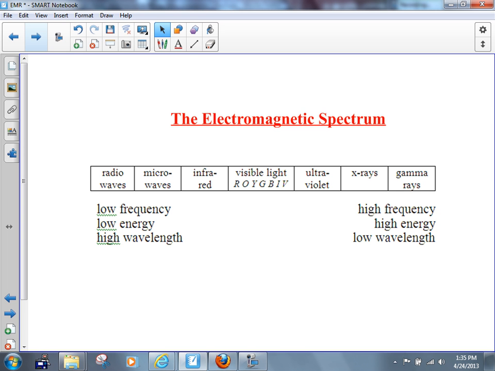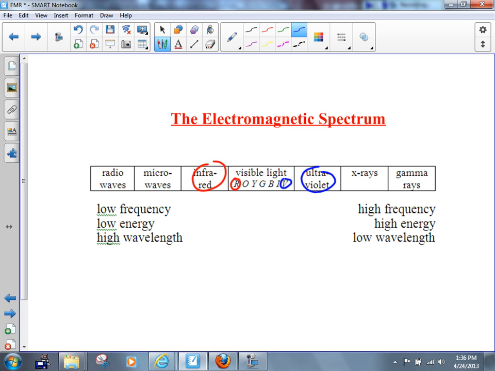What's going to be below red? Infrared. Infra means below. So infrared means below red. What's going to be above violet? Well, ultra means above. So ultraviolet is going to be above violet. That tells us right away the 3 middle types of EMR: infrared, visible light, ultraviolet.